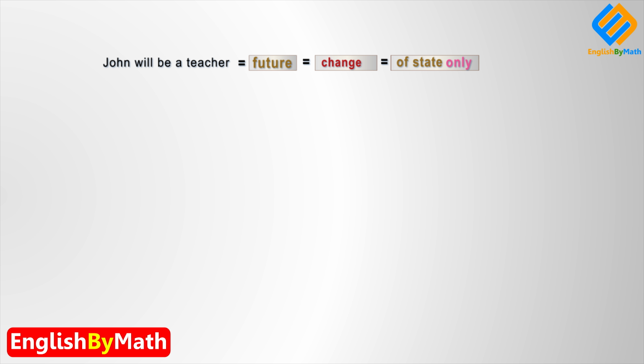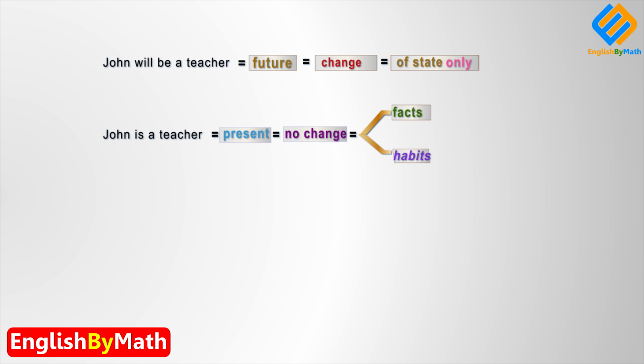Let's move on now to discuss the present. John is a teacher. Present, no change. According to grammar books, the simple present is used when we speak about facts and habits. No explanation is given, however, as to why this is the case.